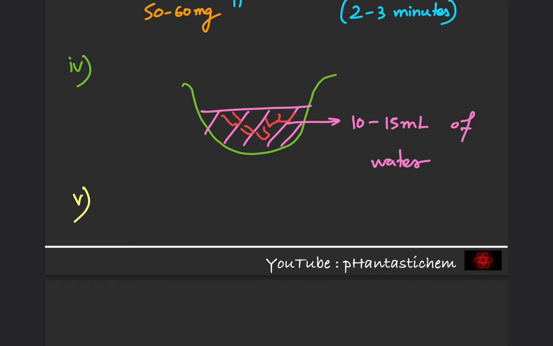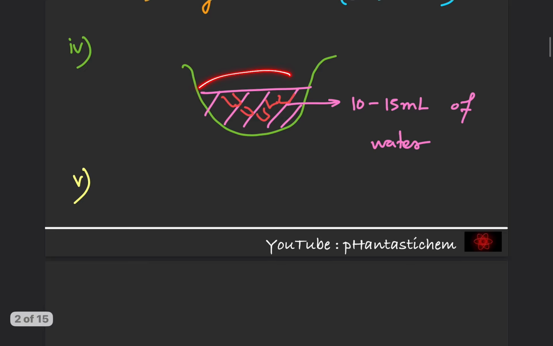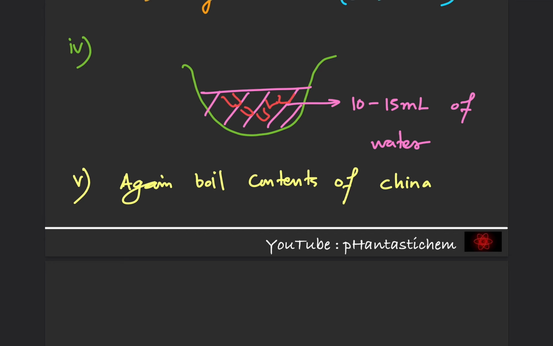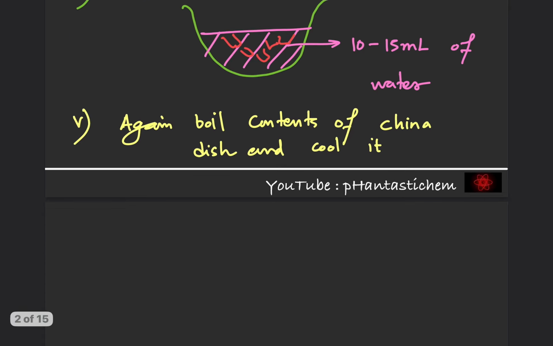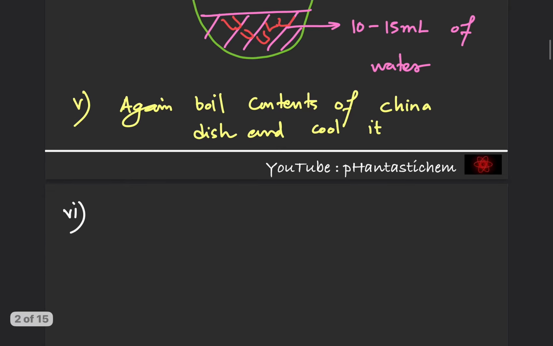Then what we do is we take the contents of this china dish, we again boil it for a few minutes, and then we cool it. The last step is to use a filter paper, and below that we have a test tube.